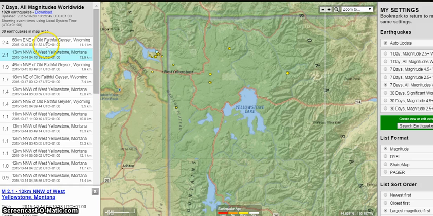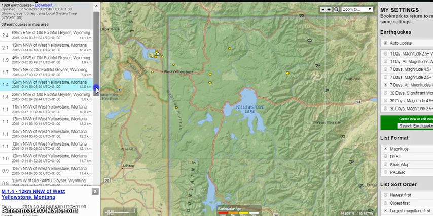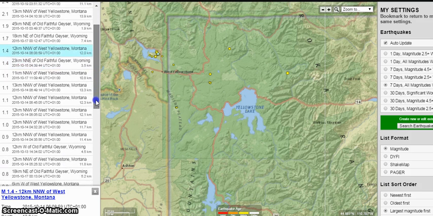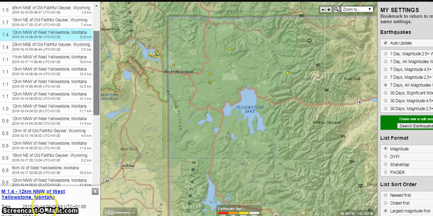That was on the 19th. 2.1 on the 14th. 1.9 on the 15th. 1.7 on the 17th. 1.4 on the 14th. And so it goes on.